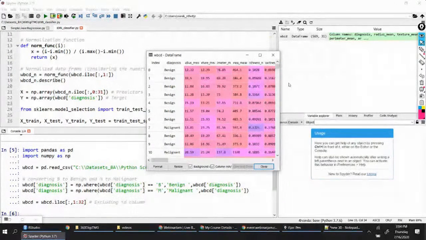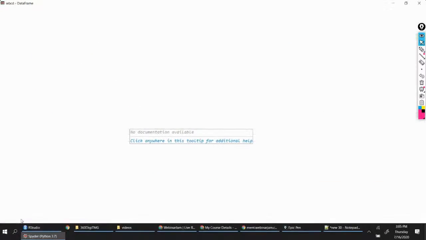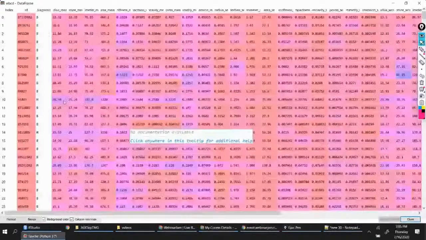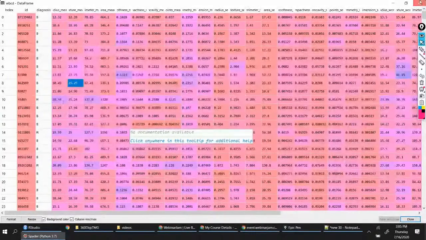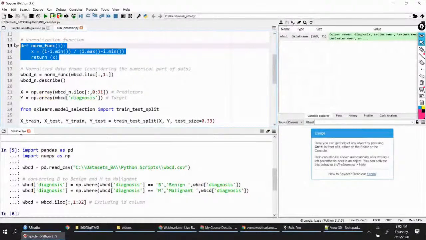I have to make sure that the distance value is not affected by the magnitude of a particular value. We do that using normalization. So we are bringing the scale differences to the same level.